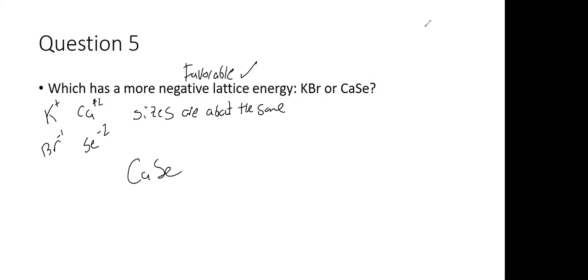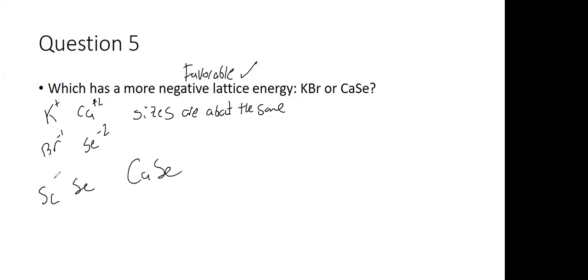Is it correct to say that CaSe is closer on the periodic table than KBr? That's not what you want to look at. You want to look at their charges, right? That's more important than that. For example, what if I was comparing scandium to Se?